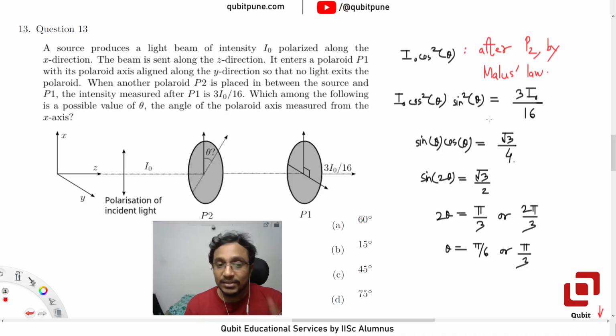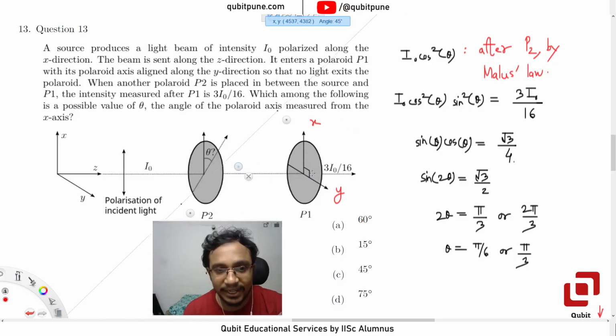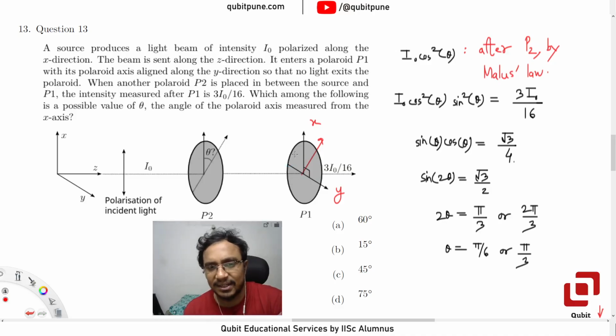Okay, now see, this polaroid P1 is making a right angle with the x-axis, ये y-axis है इसका. But what angle is it making with the polaroid axis of this? क्योंकि अभी जो आपका vibration है वो इस plane में हो रहा है. Okay, so if this is theta, 90 minus theta, exactly, that's pi by 2 minus theta. Very good. This is theta, this is pi by 2 minus theta.